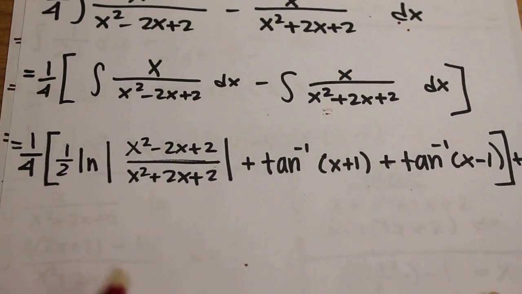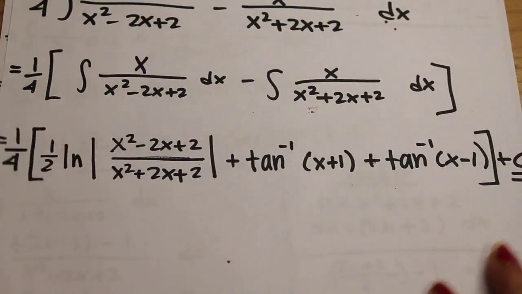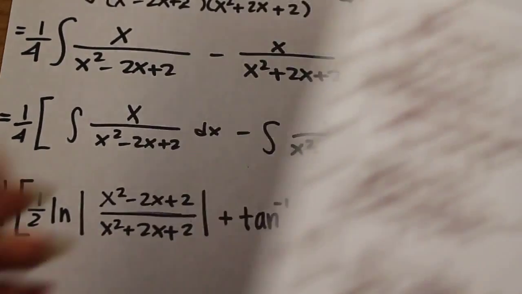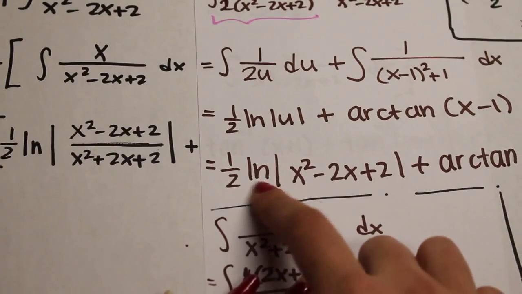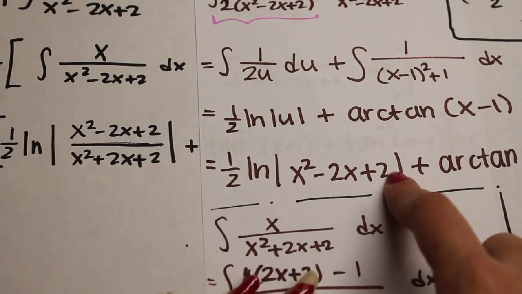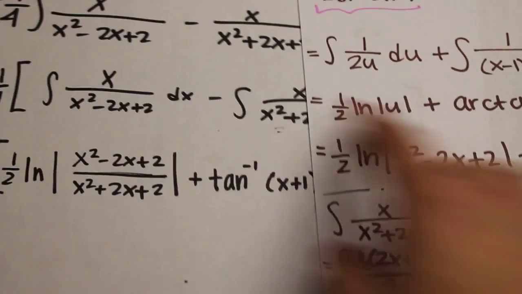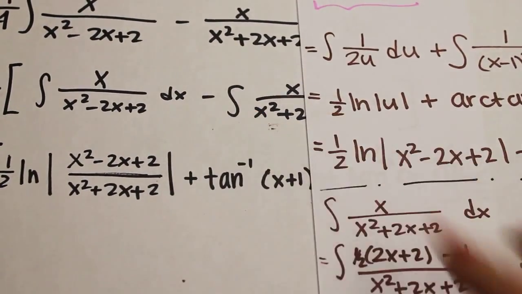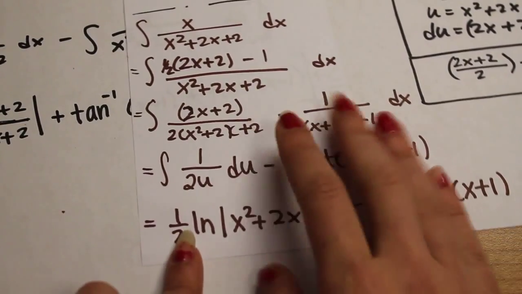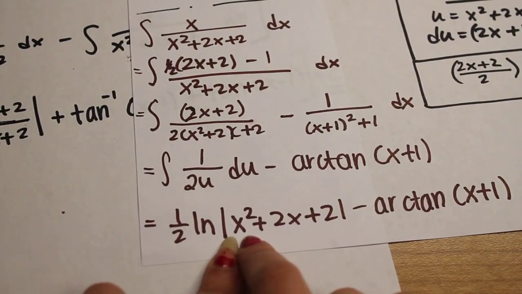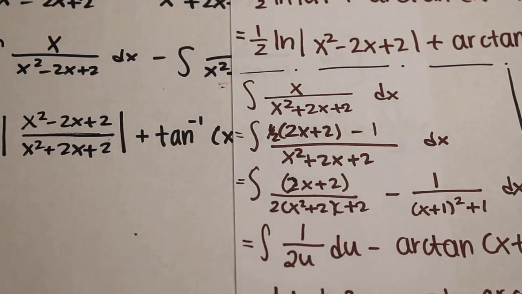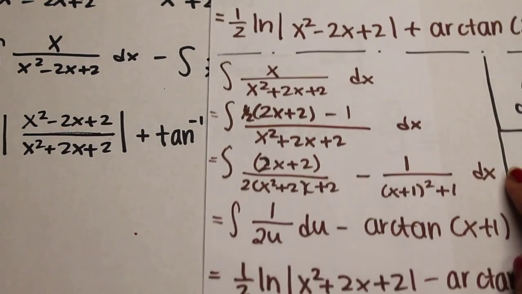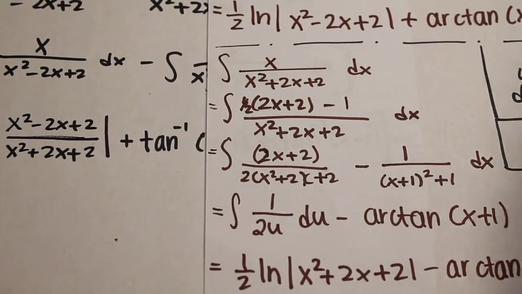So, when you put it all together, let me actually bring it back. From the top we had half of ln of x squared minus 2x plus 2, and we were subtracting from that half of ln of x squared plus 2x plus 2, because of the subtraction here. You can see both of them here.